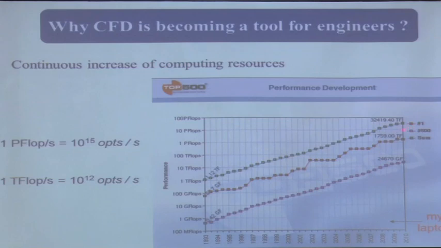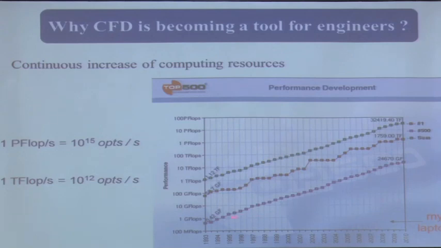Here you have the best machine, then the average, and then number 500. There's a specific website that collects all the information about supercomputing centers and gives a ranking. Every month it changes, so if you wait a month, there will be a new first one which is more powerful.